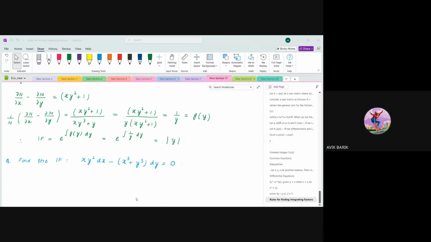Homogeneous of the same degree? First form. Correct. And what is the degree of homogeneity? 3. Right. So that means the integrating factor will be 1 upon Mx plus Ny. So can all of you quickly calculate that and tell me what we are getting?